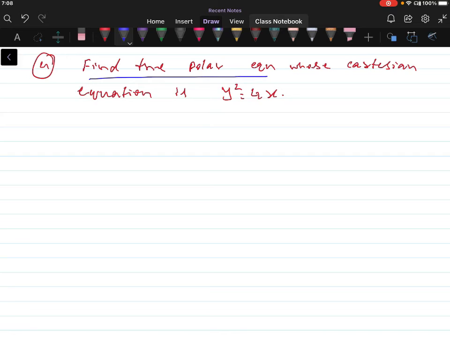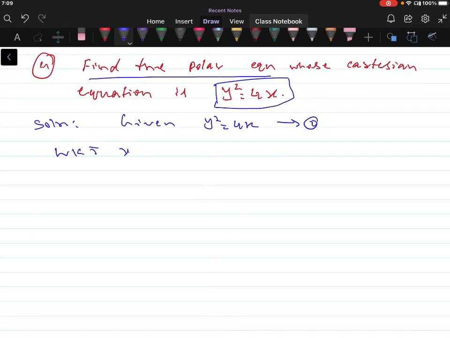Find the polar equation whose Cartesian equation is y square is equal to 4x. So let us move to solution. The given Cartesian equation is y square is equal to 4x. So that is equation 1. So we know that x is equal to r cos theta and y is equal to r sin theta.